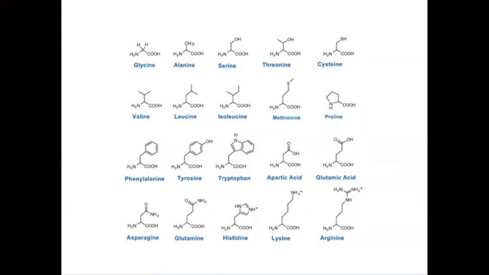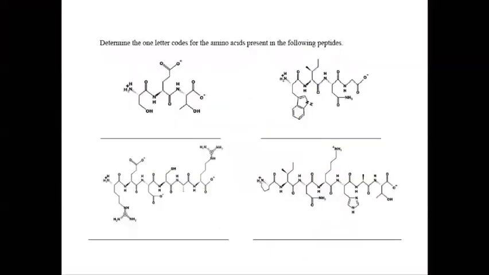So as you can see, this is just an image with the names of the amino acids and their structural formulas, but only in skeletal form. Let's actually practice how to define the amino acids that are in a particular peptide, utilizing the illustrations that we're mostly going to see in our examination and the last chapter quiz.